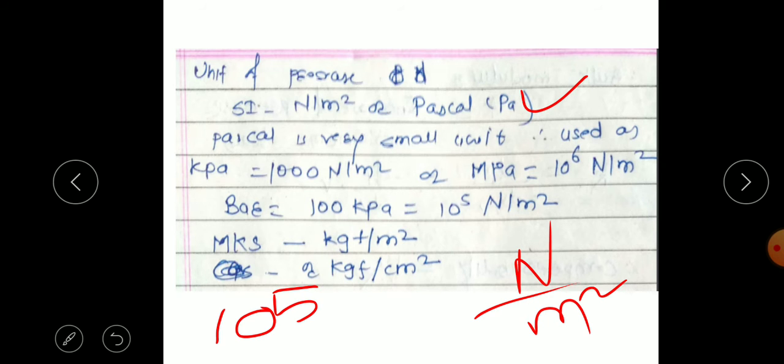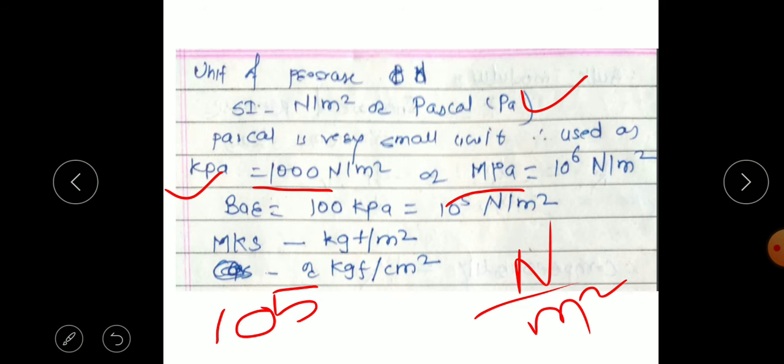So instead of Pascal, sometimes kilopascal is used, that is 10 raised to 3 Newton per meter square, or 1000 Newton per meter square. A large unit of pressure is the megapascal, that is 10 raised to 6 Newton per meter square.